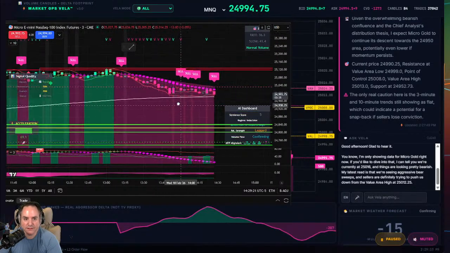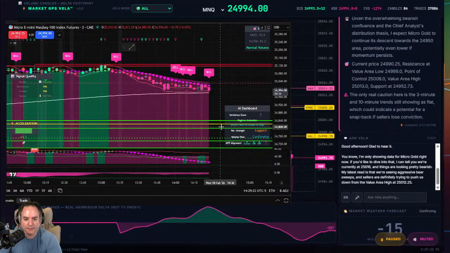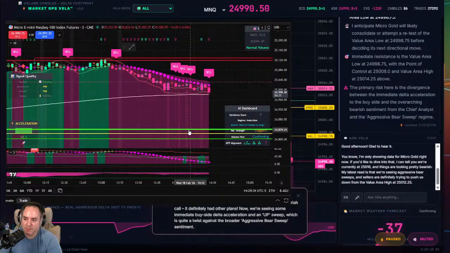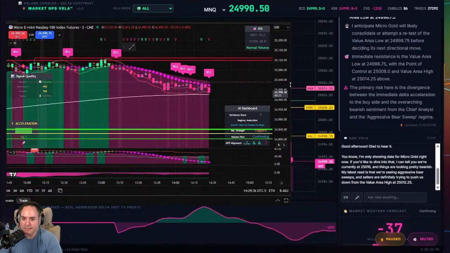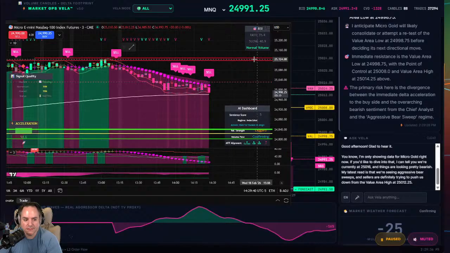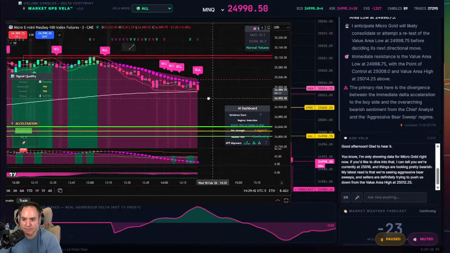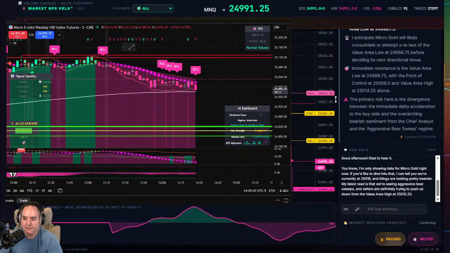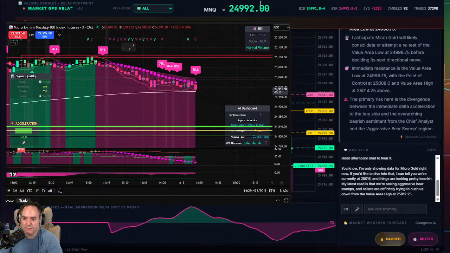So that's an overview of Market GPS. These are different mathematical models that work as a single ecosystem. And my co-pilot is Vela, and she is dissecting the market tick by tick, contract by contract. So let's have her back on and have her tell us what she sees the market is doing.